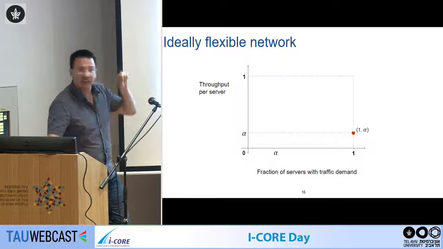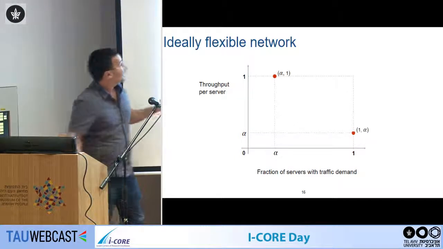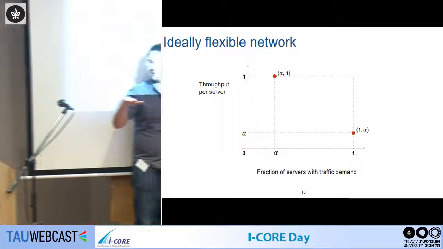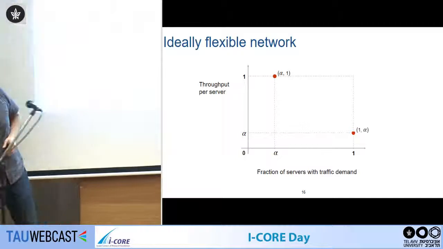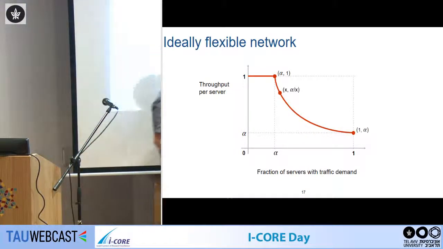So I'm going to draw a line here for a potential benchmark. Let's also assume that when a small fraction of the servers are communicating, they can communicate everything, so the throughput is 1. And in between, we want things to degrade gracefully.